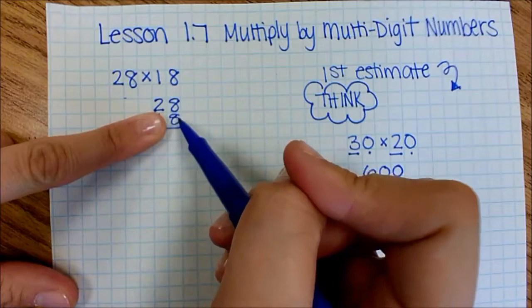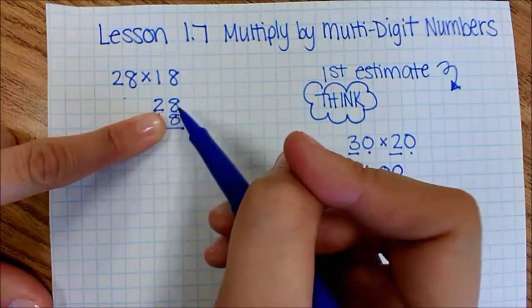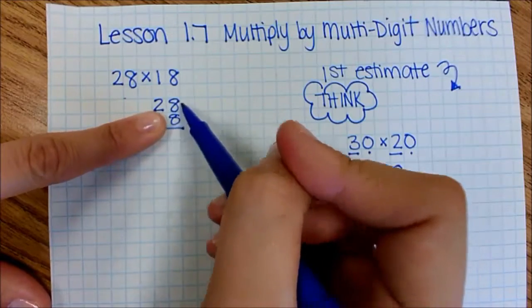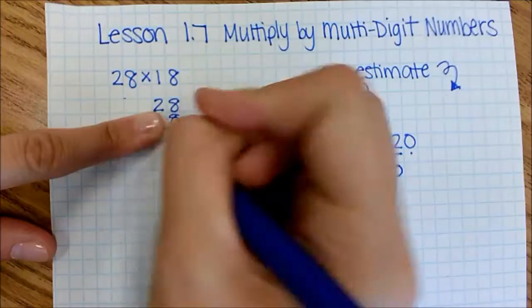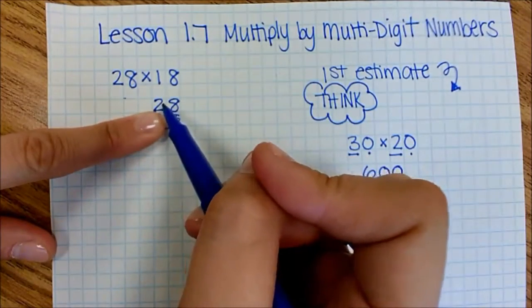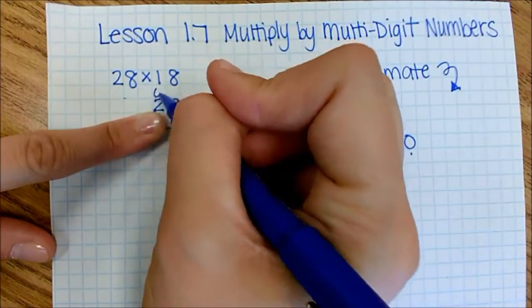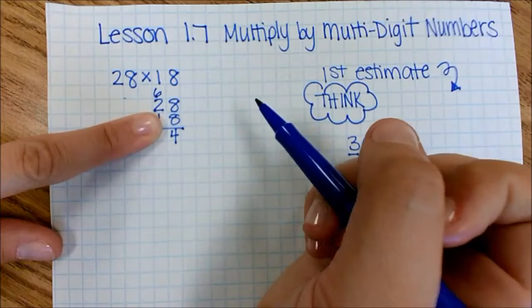So I'm first starting with the 8, which is in the 1's place value. And we know how to multiply a number like this, 28 times 8. So first, I start with the 1's. So 8 times 8 is 64. Put my 4 down below. And since I still have a number here to multiply by, I'm going to put my 6 right above it. And now I'm going to say 8 times 2 is 16.